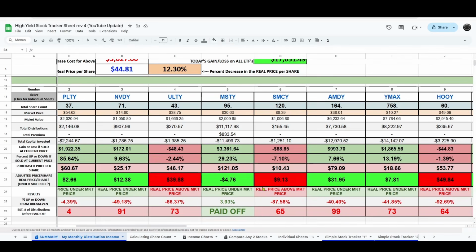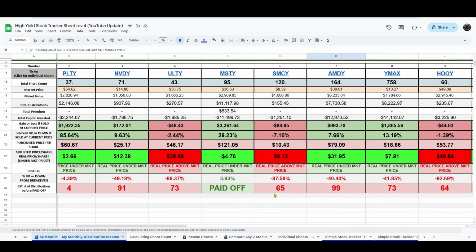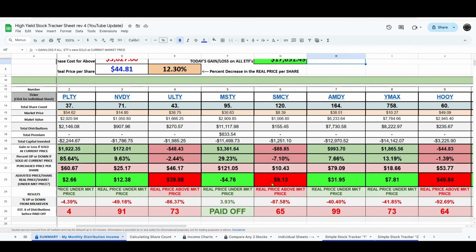And that is just simply taking in the ones that are in the green along with the ones in the red, and therefore I should be able to make about $17.6 thousand, and that would be closing out of all of these positions. Okay, but I'm not going to do that, but it's just good to see. So until then, I am still down because I am not actually making money until it gets paid off.